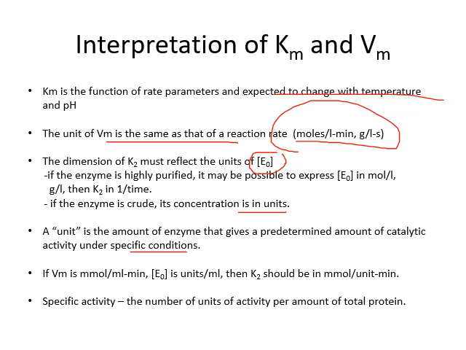Okay, if Vm, which is the reaction rate for enzyme catalysis, is millimole per liter per minute, and the initial enzyme concentration is units per ml, then K2 should be millimole per unit per minute. Specific activity is the number of units of activity per amount of total protein.